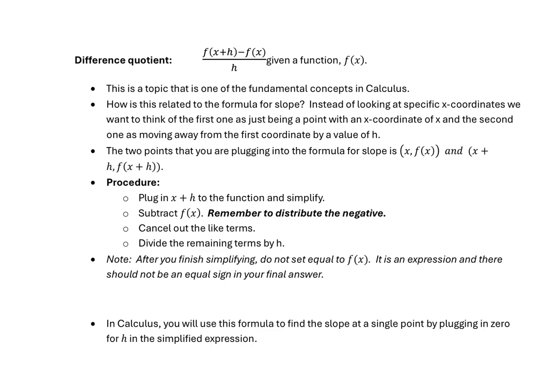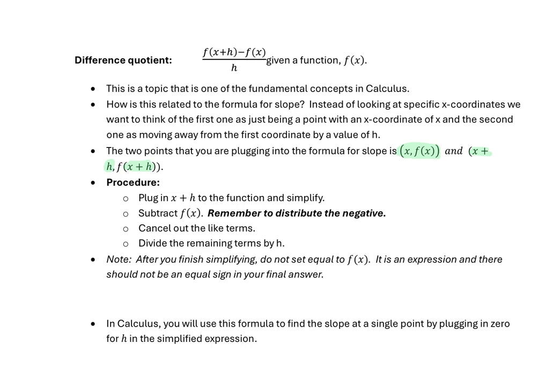So our first point is going to be x and f of x, just like when we talked about our average rate of change formula. For our second point, for our x coordinate, we want to add h, and then we plug that into our function and have f of x plus h.